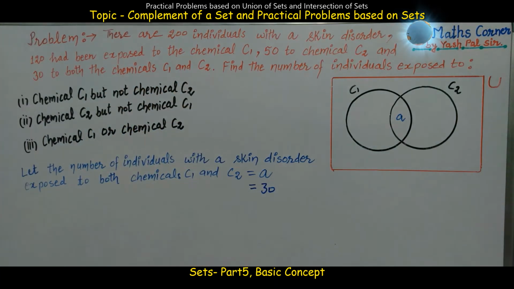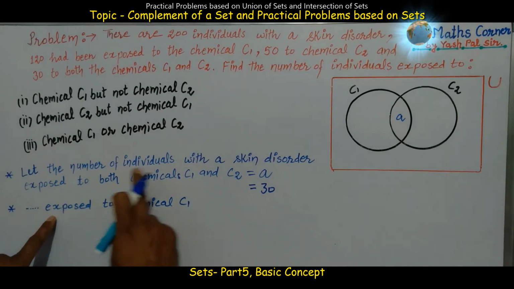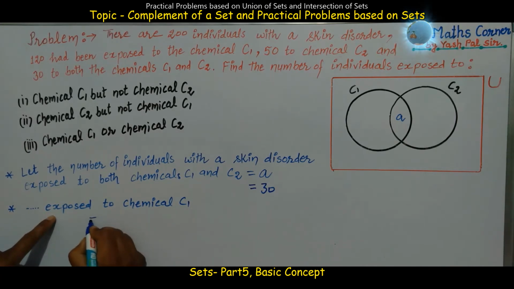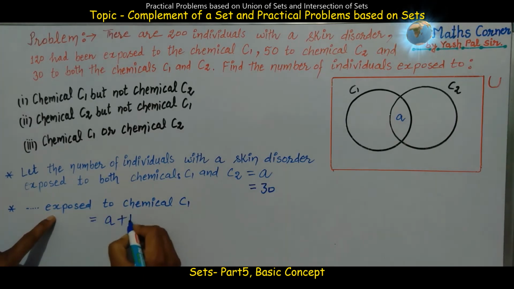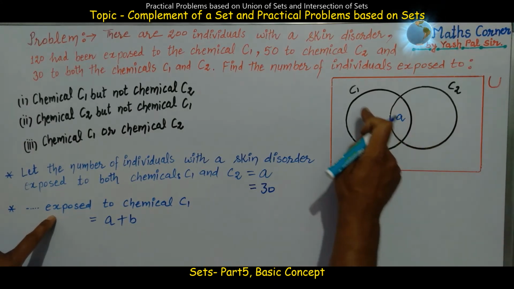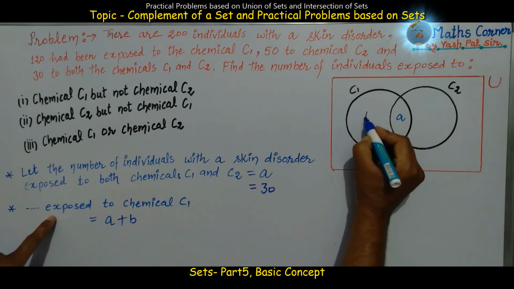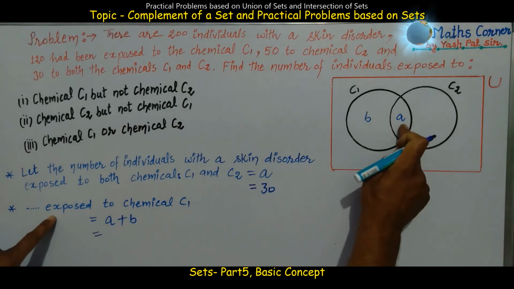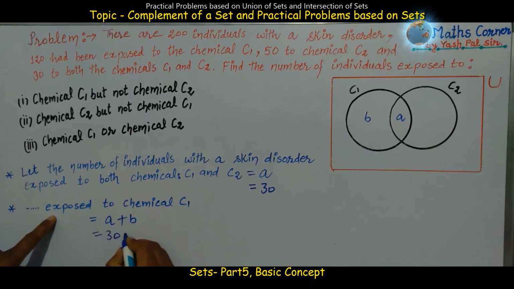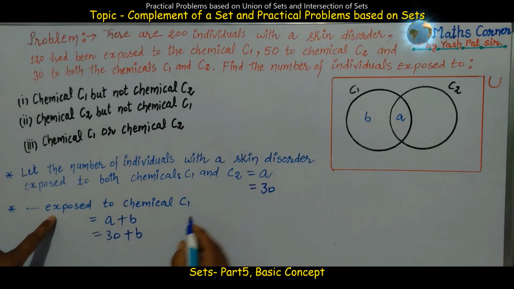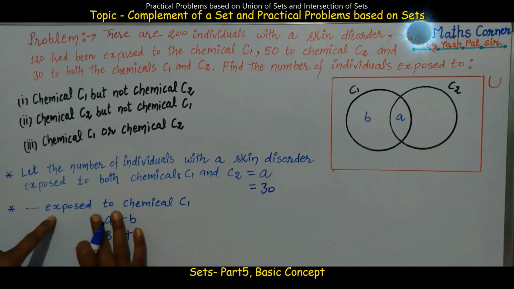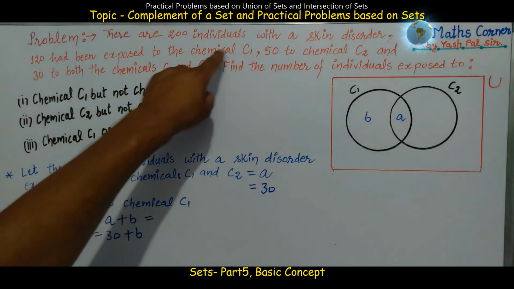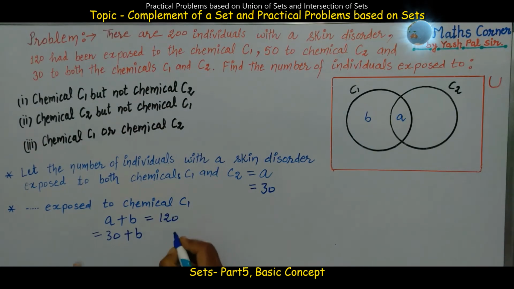Next we take the number of individuals with a skin disorder exposed to chemical C1. Suppose this is equal to A plus B, because A is already the part of C1, so the remaining number of individuals are B. Here the value of A is already considered equal to 30, so 30 plus B, and this whole is given to be equal to 120, since 120 had been exposed to chemical C1.